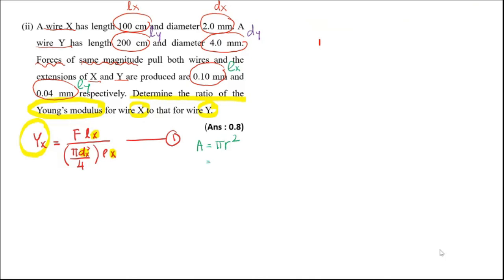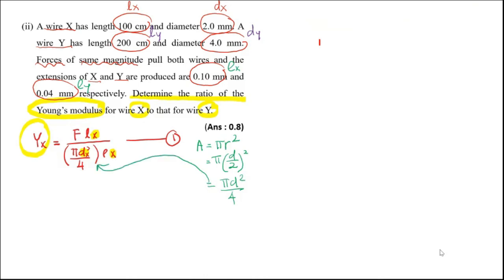Because the diameter is given, the radius will be the diameter divided by 2, and then I need to square this. So I will come up with pi d squared per 4. I substitute this pi d squared per 4 in the Young modulus formula.